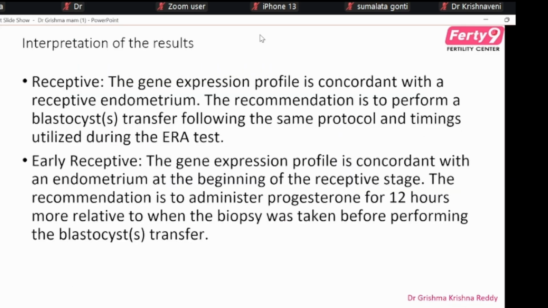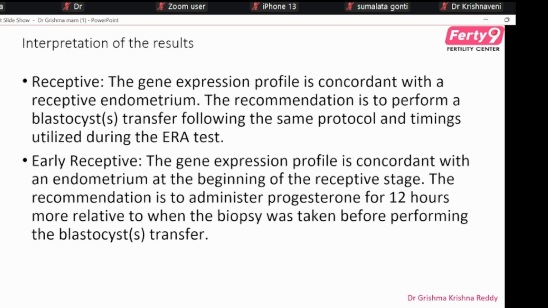Receptive means gene expression is concordant with the receptive endometrium. The recommendation is to perform a blastocyst transfer following the same protocol and timings utilized during the ERA test. Early receptive means the gene expression profile is concordant with the endometrium at the beginning of the receptive stage.